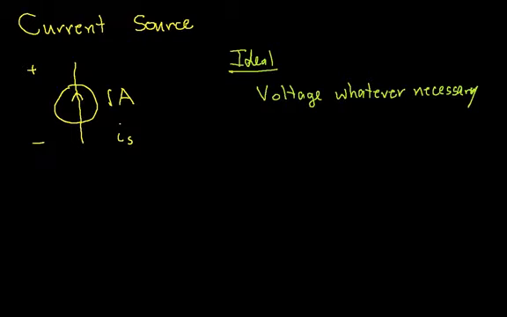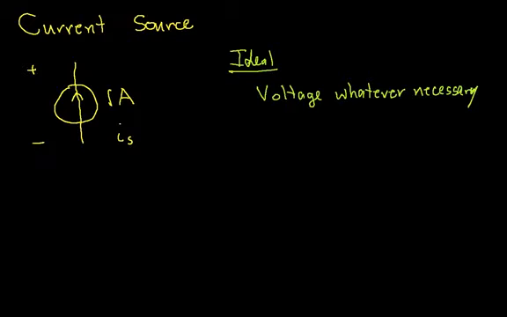So again, if I were to hook up an ideal current source to a 1 watt load, it would make the voltage necessary to provide 1 watt of power. If I were to hook up a current source to a 1 billion watt load, it would make the voltage whatever's necessary to provide 1 billion watts.